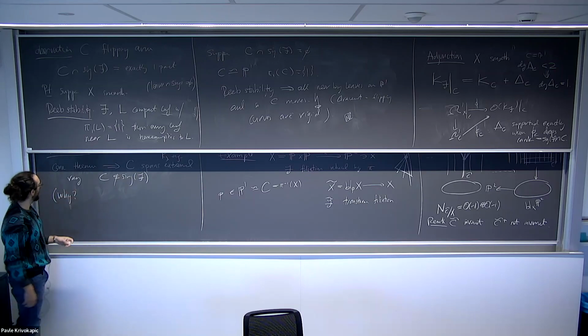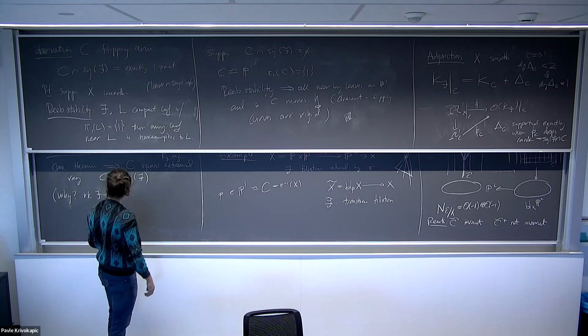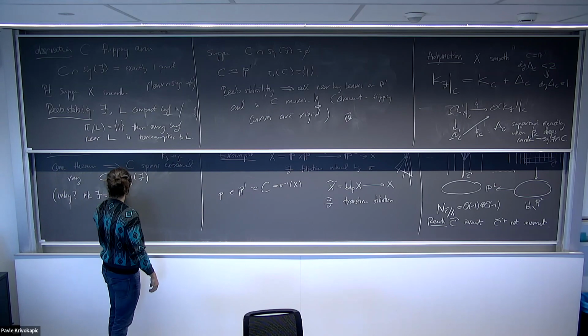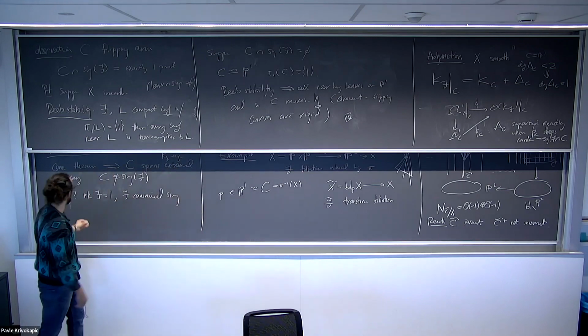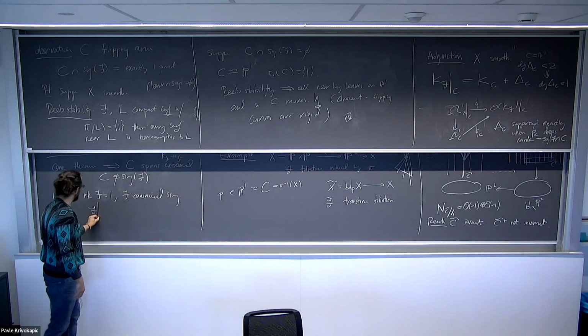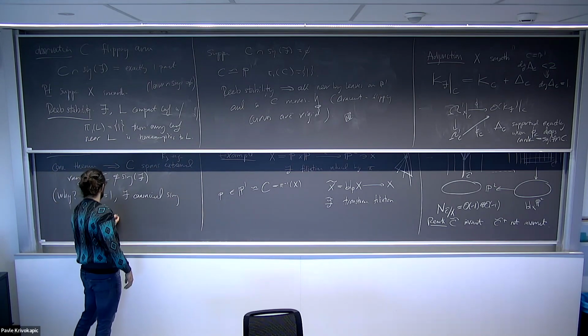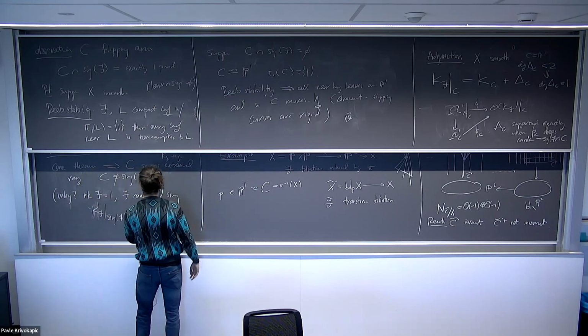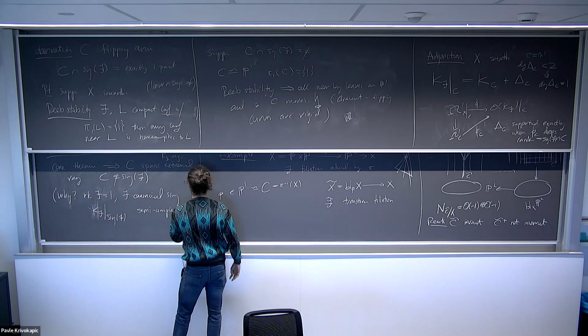It turns out that if the rank of F is 1 and F has canonical singularities, then K_F restricted to Sing F is semi-ample, in particular nef.